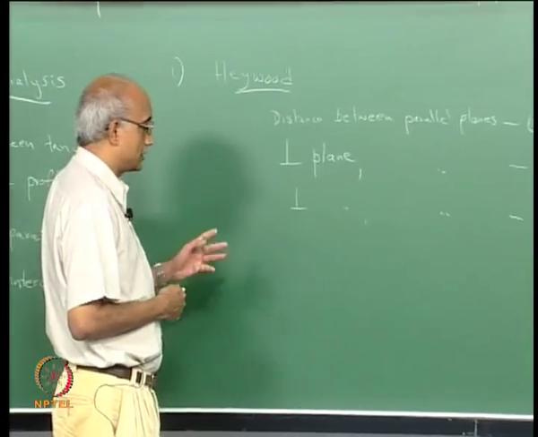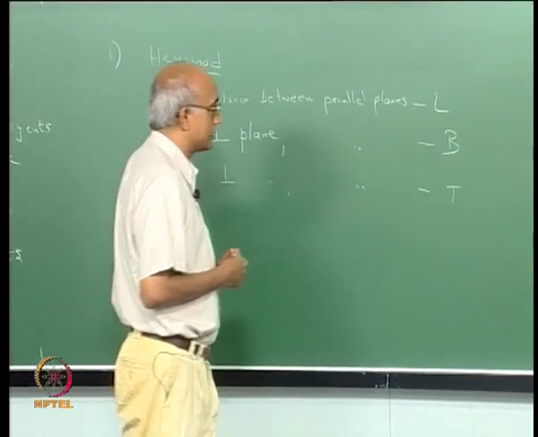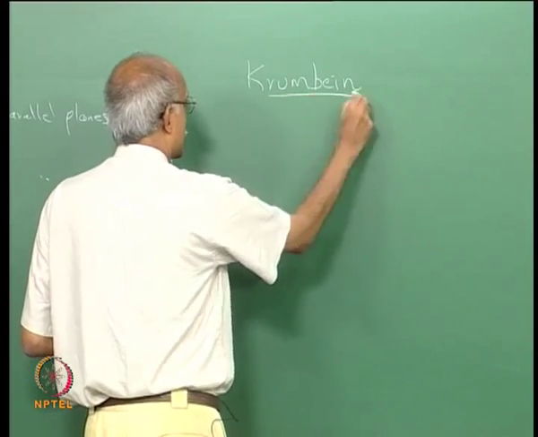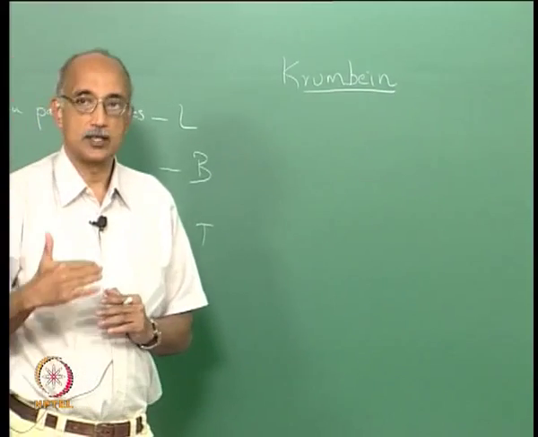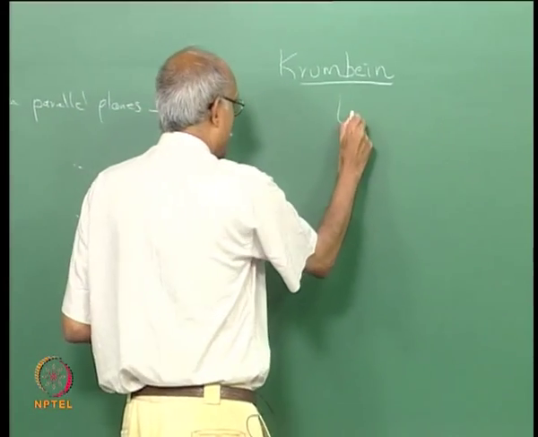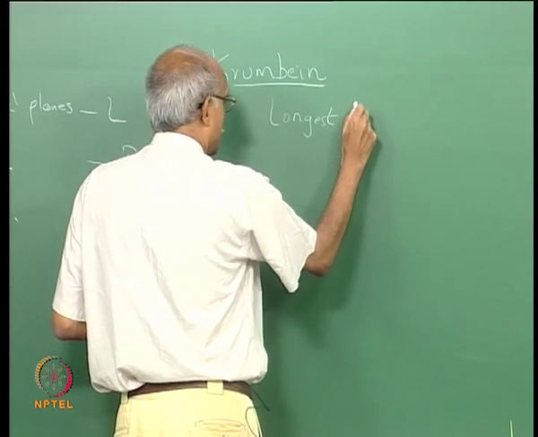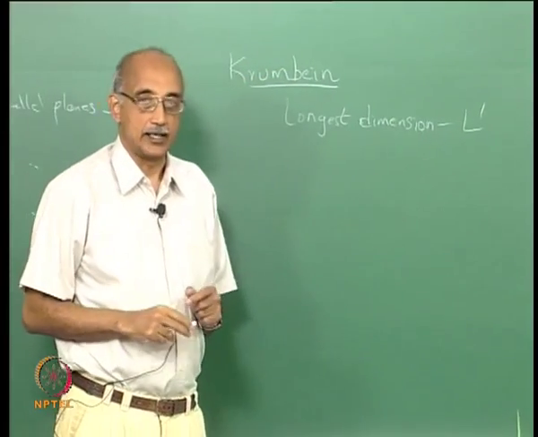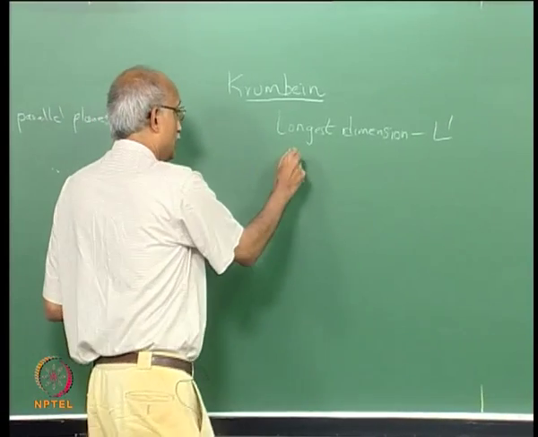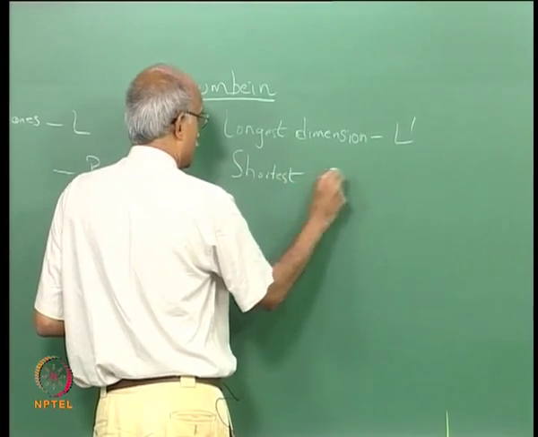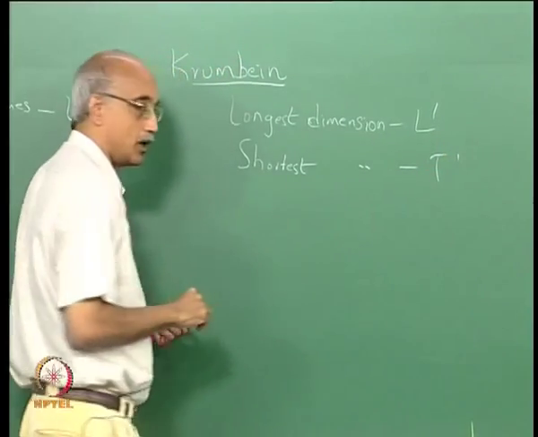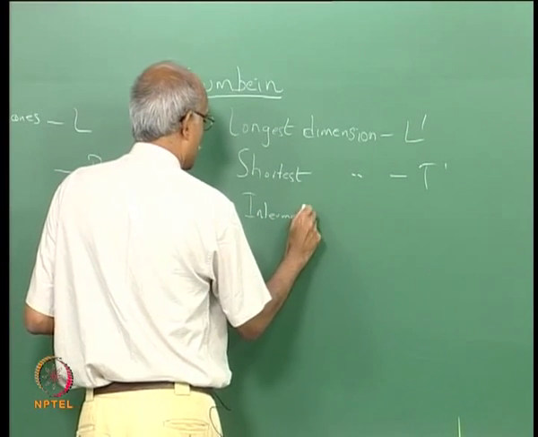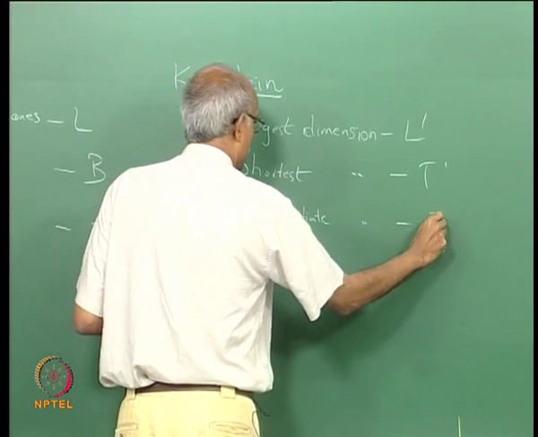Now, after this, there was a person by the name of Krumbine, who took this analysis one logical step further, and he said the longest dimension that is measured in this fashion should be called length, L prime, and he said the shortest dimension should be called thickness, or T prime, and then the intermediate dimension will be called breadth.